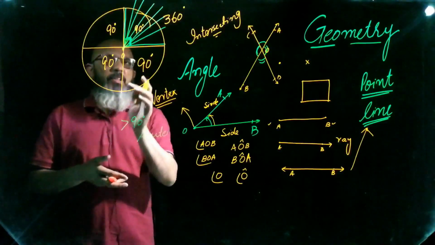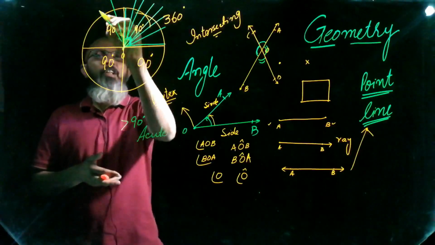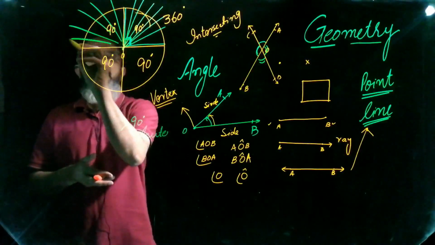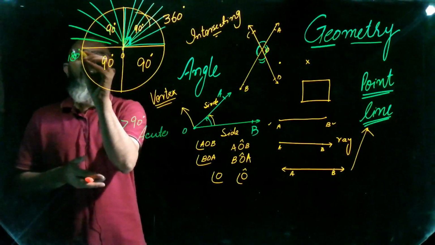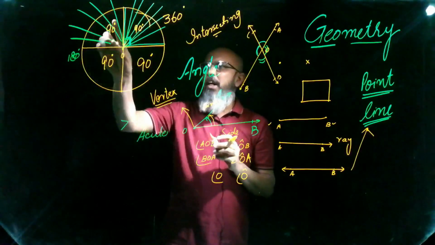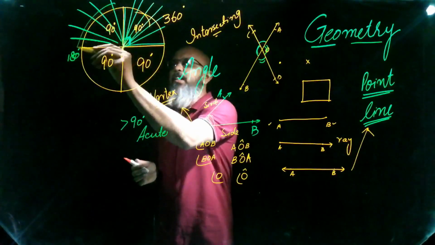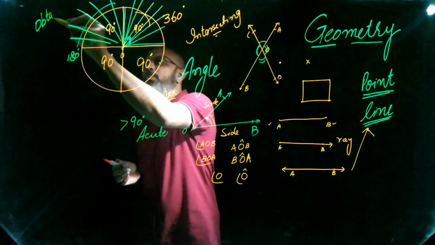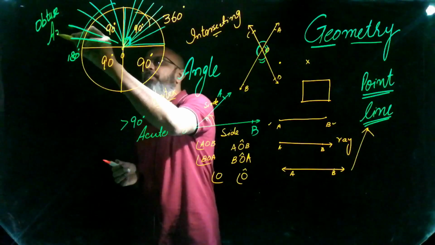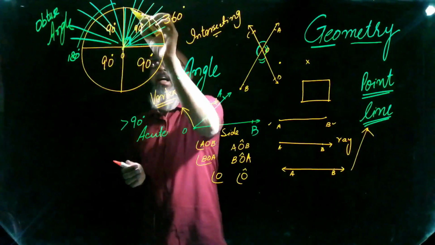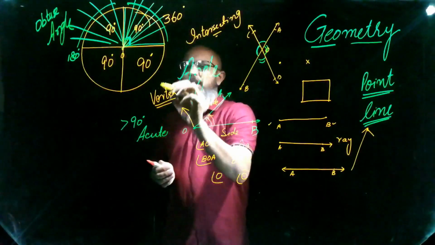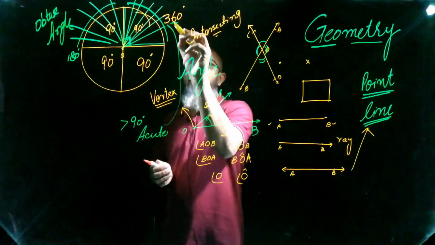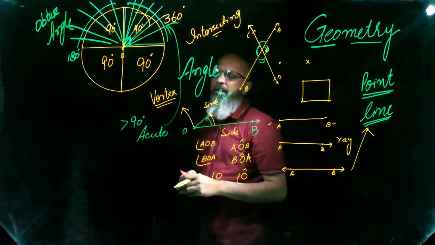And the next type is the angle between 90 and 180, that is the 180 sign. An angle between 90 and 180 is called an obtuse angle. And an angle from 0 till 90 is an acute angle.